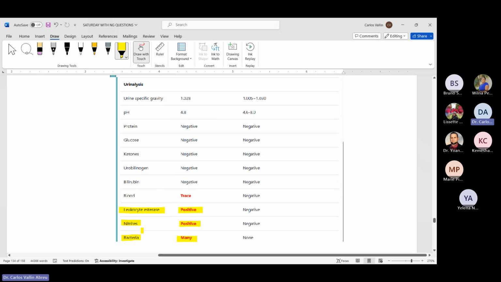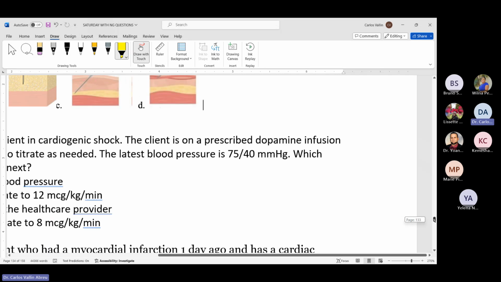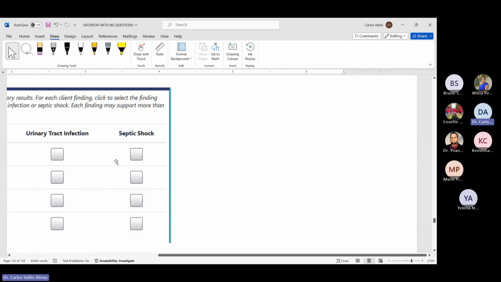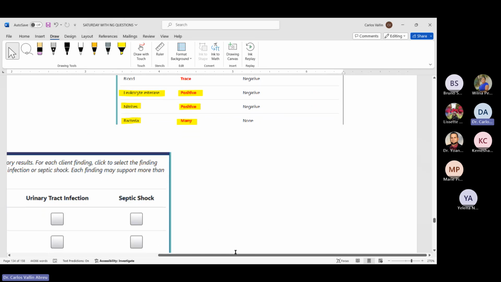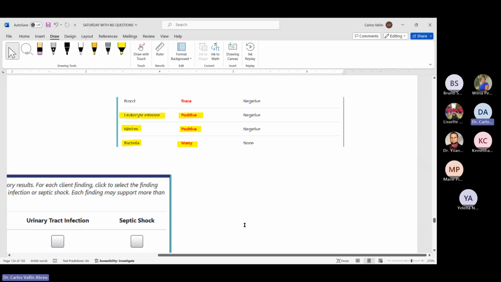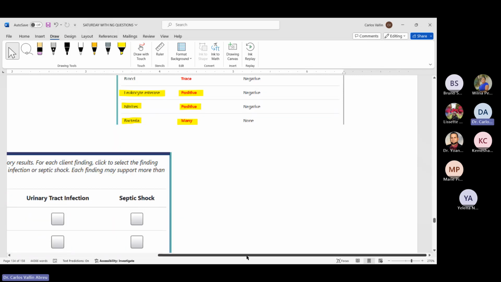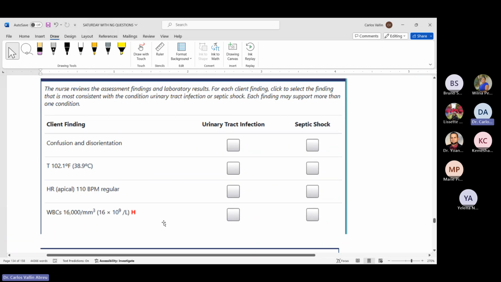So those values suggest urinary tract infection. The presence of a small amount of blood could be found in any urinary tract infection because of the inflammation of the mucosa. So now with this, we already have a diagnosis of urinary tract infection.